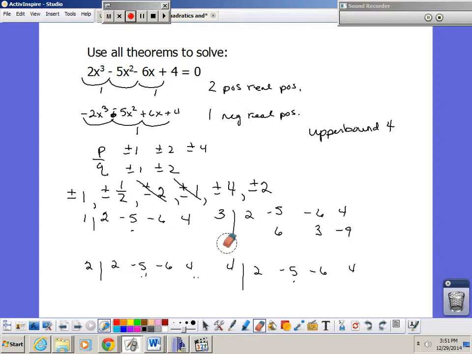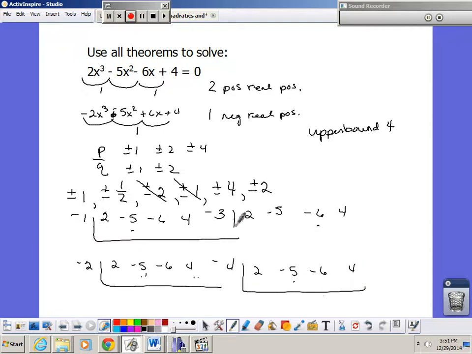Let's get this nifty board so I can erase this. Come back and put my negatives on. I have to rewrite so much. Okay, now we're looking for alternating. 2, -2, -7, 7, 1, -1, 3.